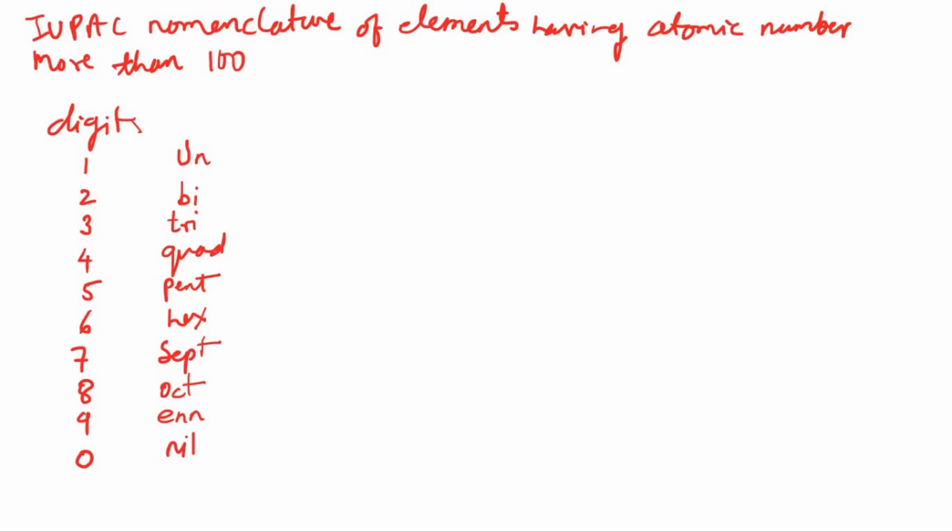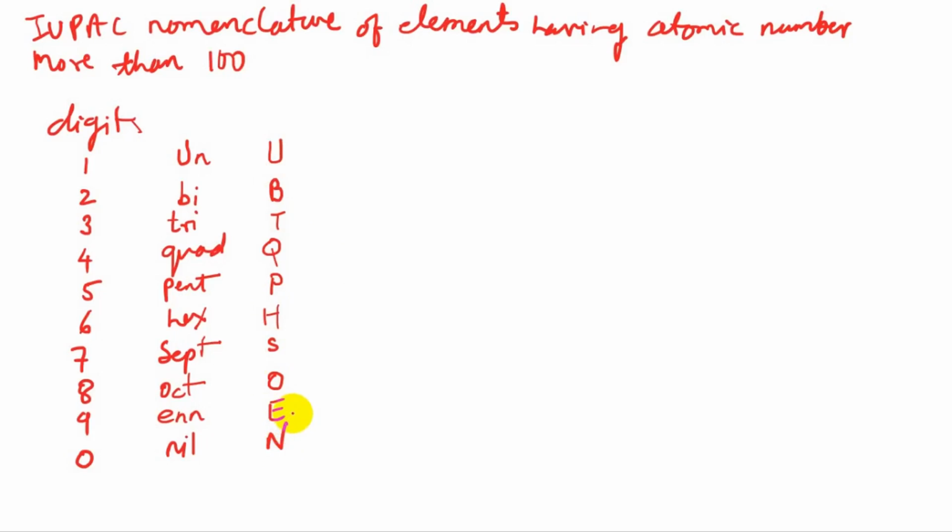Now these names, un, bi, tri and so on, if I just take the first letter, the first letter for the first one is U, the second one is B, the third one is T, the fourth one is Q. Next ones are P, H, S, O, E, and N. These are the different digits.